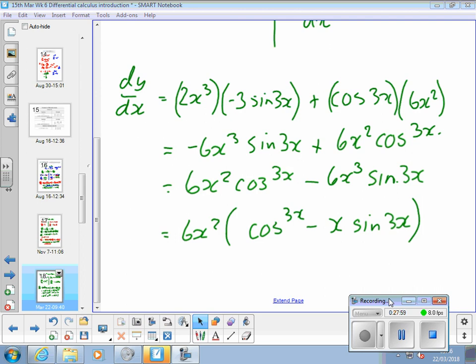Put the same value of x in his formula, and you get the same answer. They're equivalent. Okay? Understand that? I've marked that right, yeah.